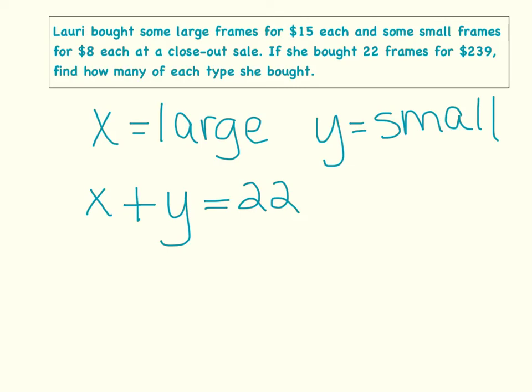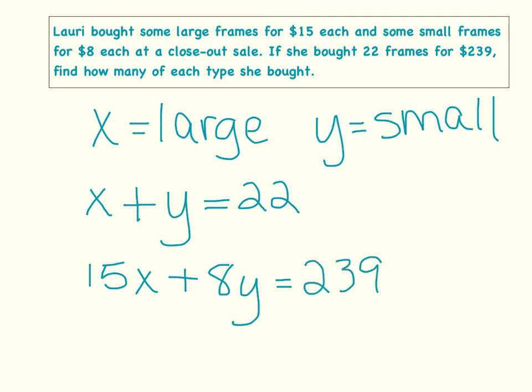Now I need to find the dollar amount. How much money did she spend on the $15 frames, the large ones? And how much money did she spend on the small ones? So this equation is going to look something like this: $15 times how many large frames she bought, plus $8 for how many of the small frames she bought, and that total should equal $239.